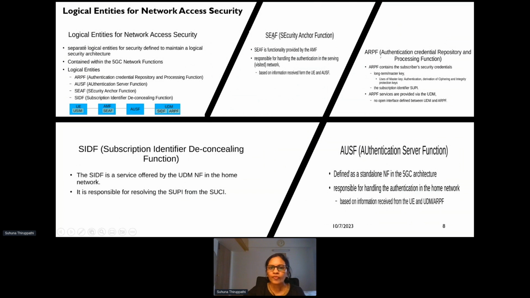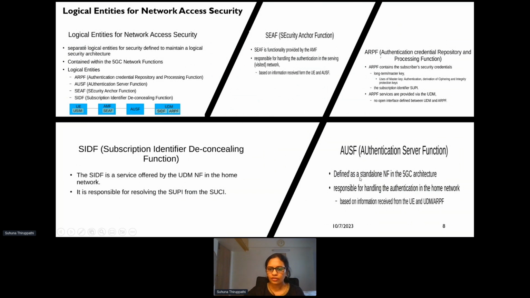So SEAF, which is Security Anchor Function. This functionality is being provided by AMF only, which is responsible for handling authentication in serving network based on the information received from UE and AUSF.